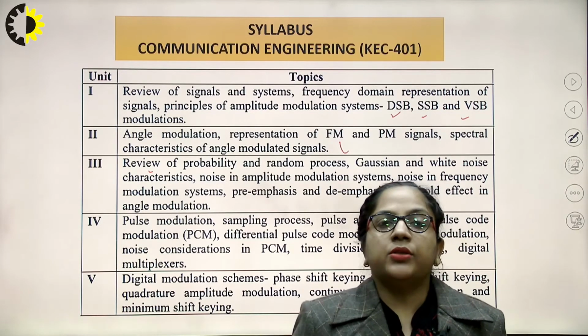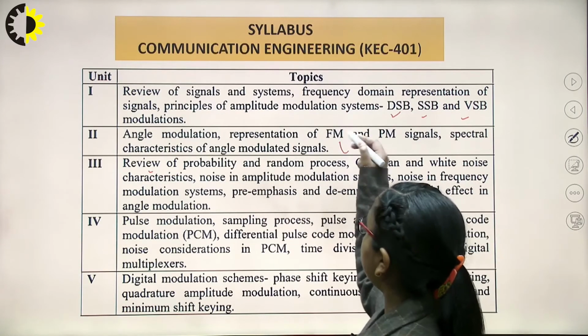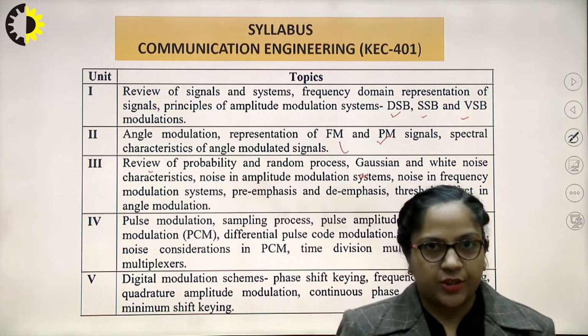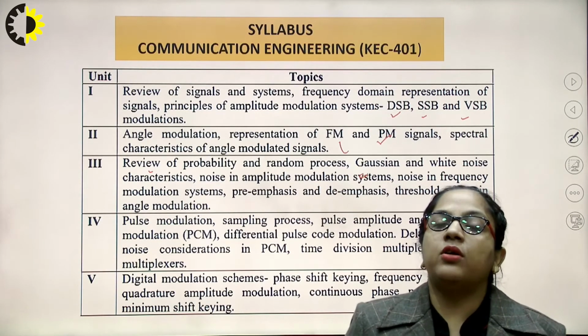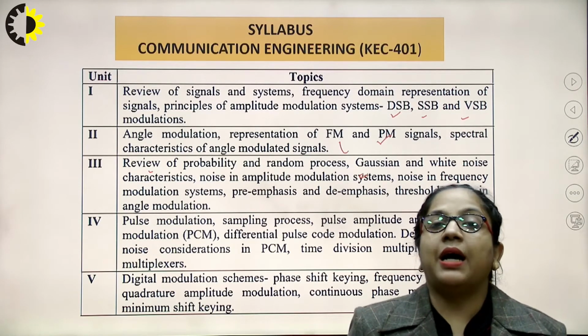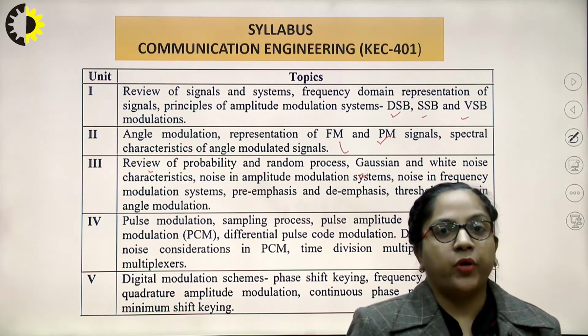In unit 2, we will discuss in detail these two types of modulation, frequency modulation and phase modulation. In the same unit, we will also discuss in detail the methods with the help of which we can perform these two kinds of modulation.